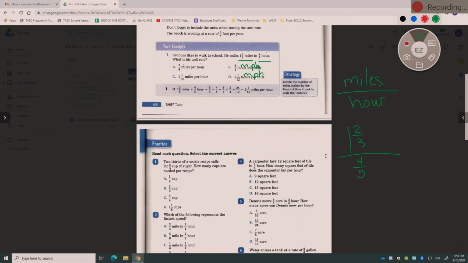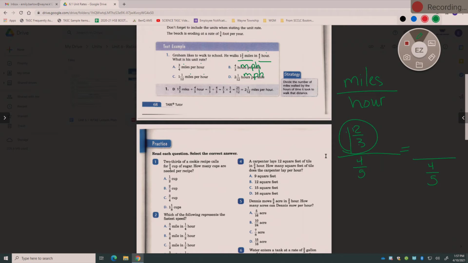Well, the first thing I see is we've got this mixed number, that it would be better to put it into an improper fraction, right? So that we're just dealing with fractions and not with whole numbers. So remember to do this mixed number into an improper fraction. We take the whole number 1 times the denominator 3. 1 times 3 is 3.